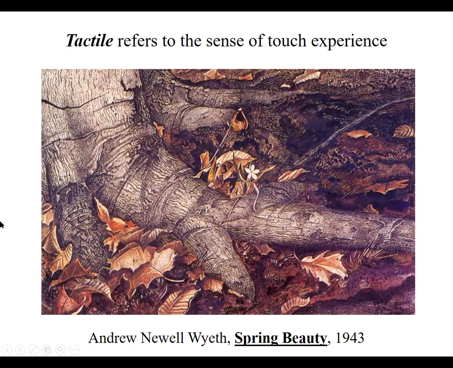We get a sense of the dry, the crunchy, the wrinkled, and the rough nature of the tree and its bark, the dried leaves, and all of this brown, giving us a sense of late autumn on the forest floor, and really relating to our knowledge of crunchy leaves and our sense of touch and texture that we have learned through experience over the years.